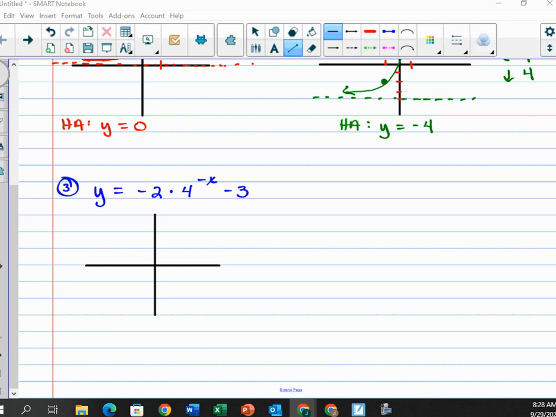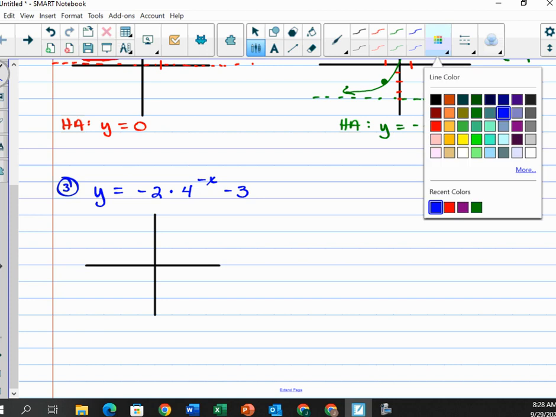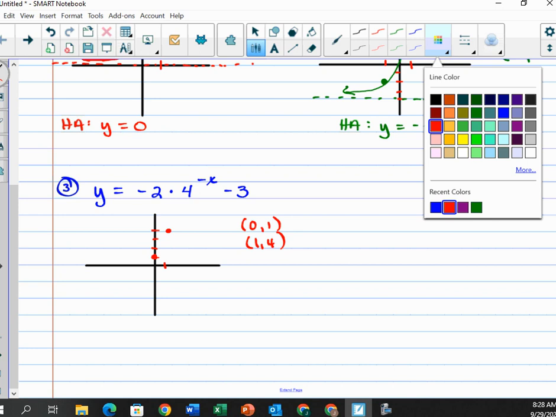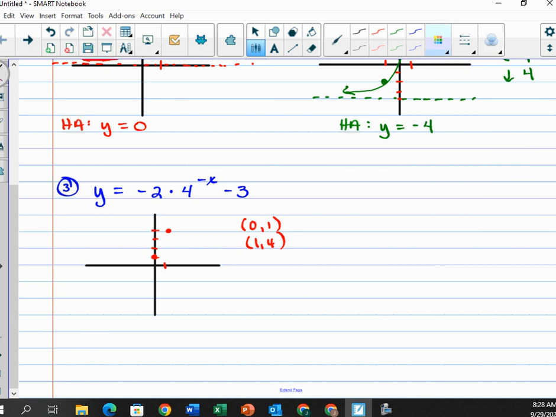Okay, guys, let's take a peek here. So your 2 points that you started with are 0, 1 and 1, 4, right? Then when you multiply by that -2, you're flipping and stretching vertically.